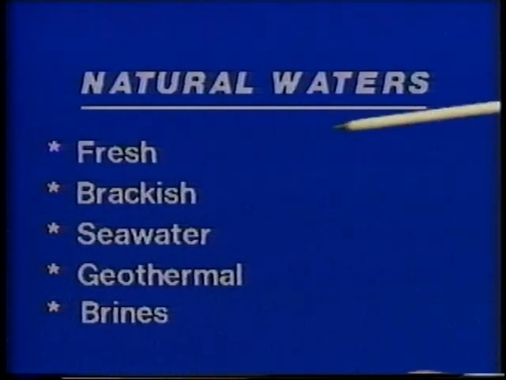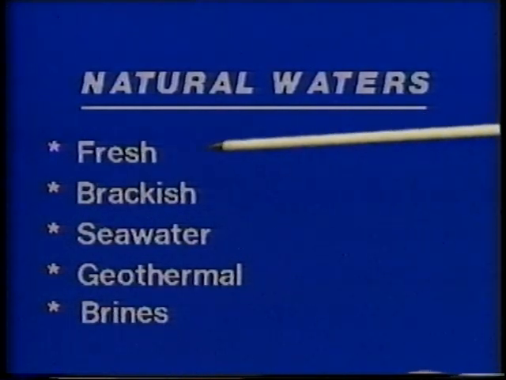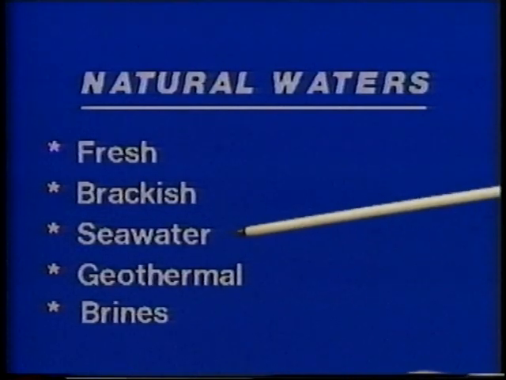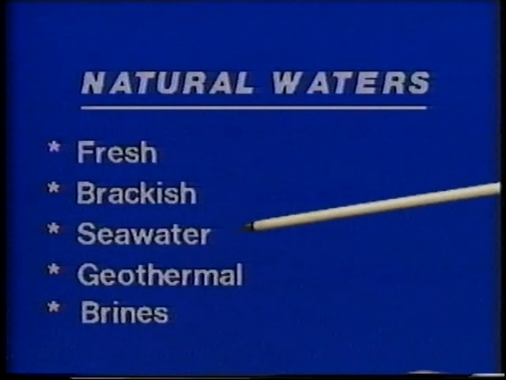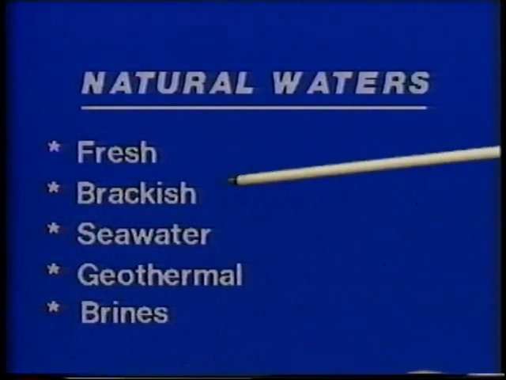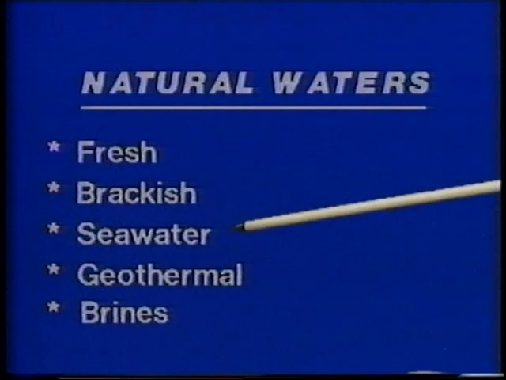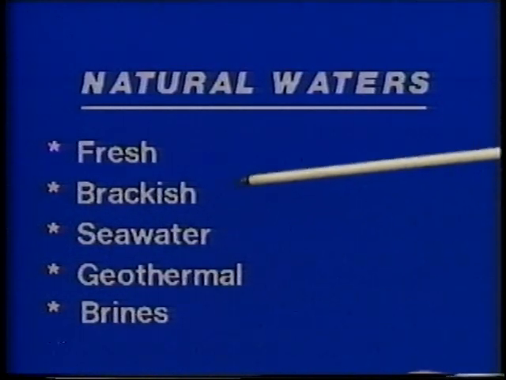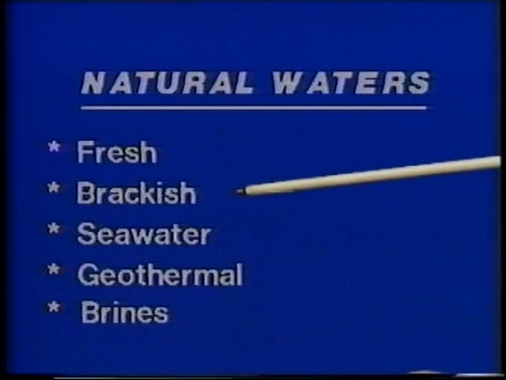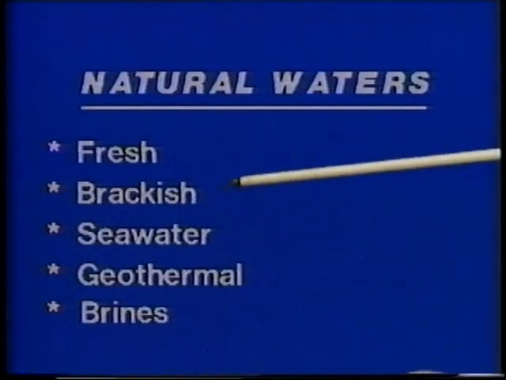We can talk about fresh waters, such as we find in Lake Erie. We can talk about seawater, such as we find in the various oceans. Brackish water is what we find at the outflows of rivers into seawater. There's the area where we have mixed salinity, mixtures of seawater and fresh water, and we refer to those as brackish waters.